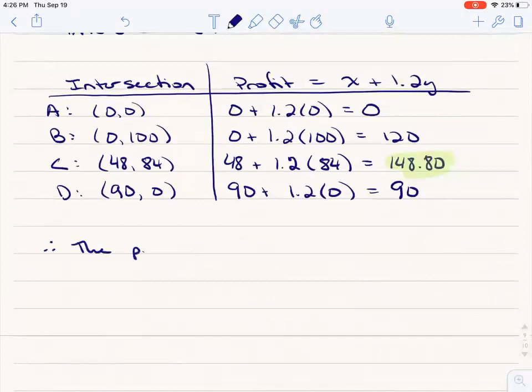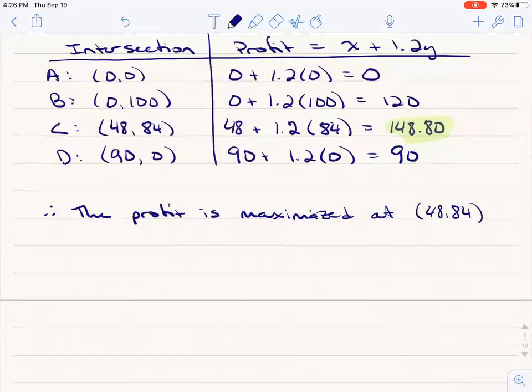Therefore, the profit is maximized at 48, 84 with a profit of 148.80.